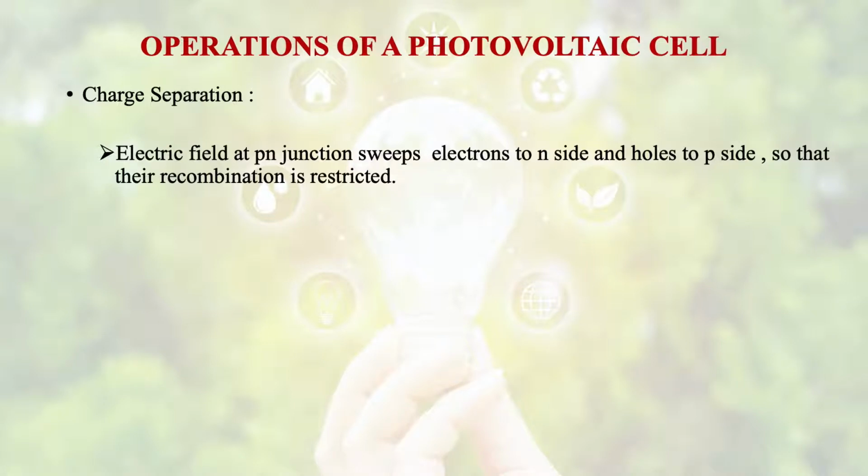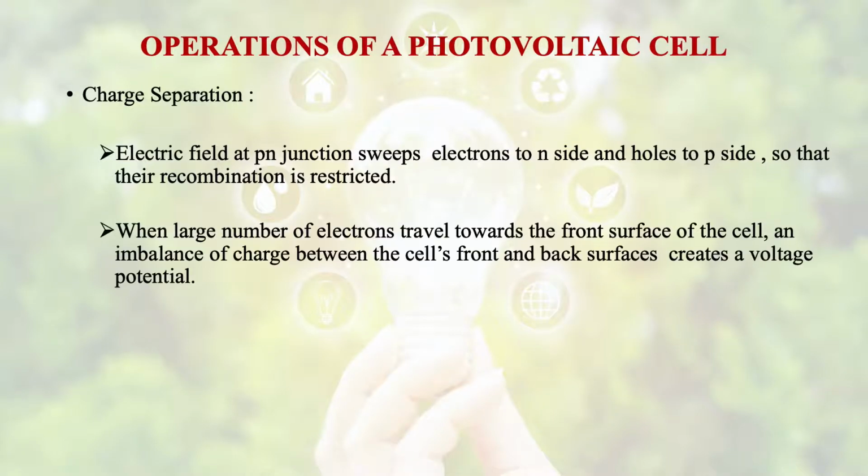The electric field at a p-n junction sweeps electrons to the n side and holes to the p side, so that their recombination is restricted. When a large amount of electrons travel towards the front surface of the cell, an imbalance of charge between the cell's front and back surface creates a voltage potential. Whenever you create the voltage potential, that means you can get the current.